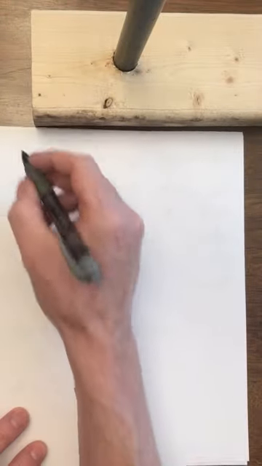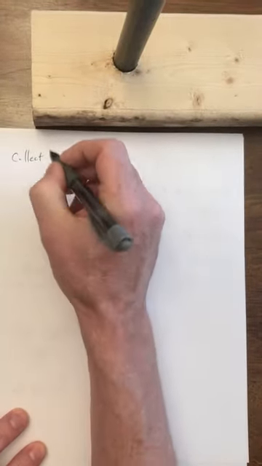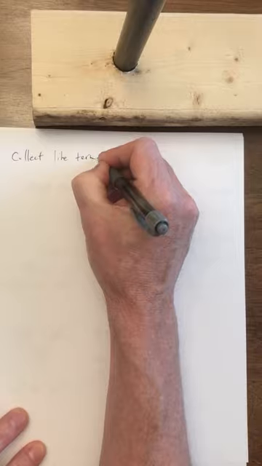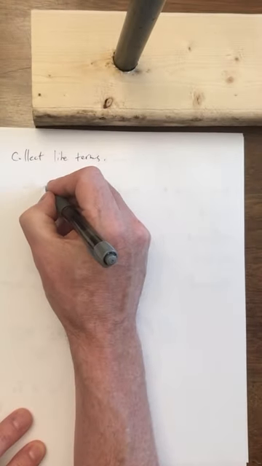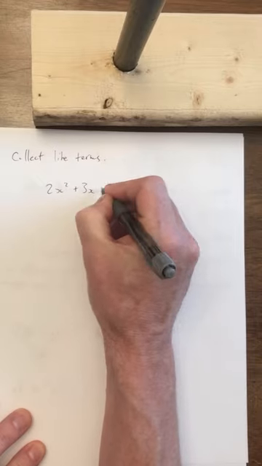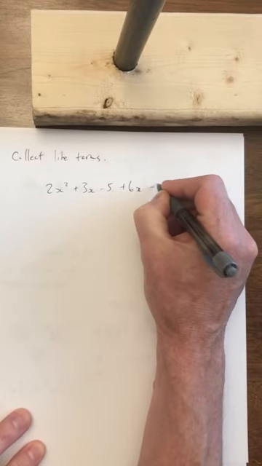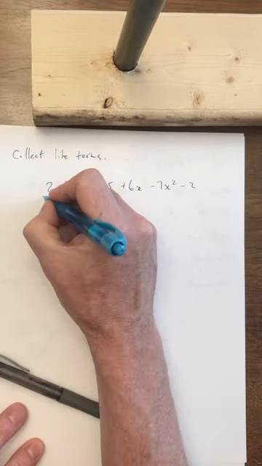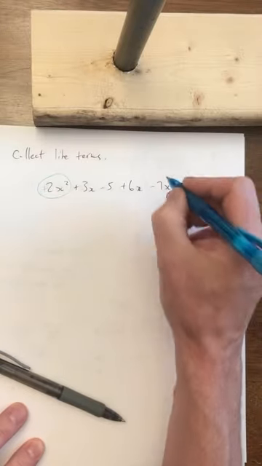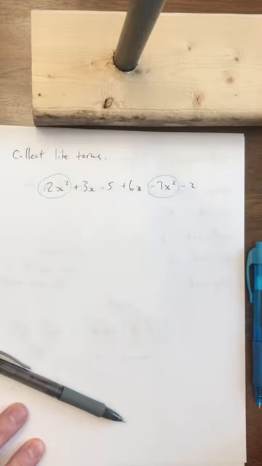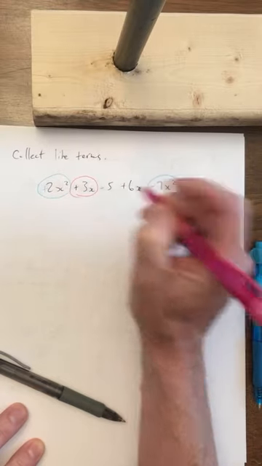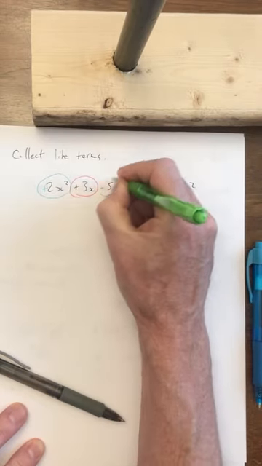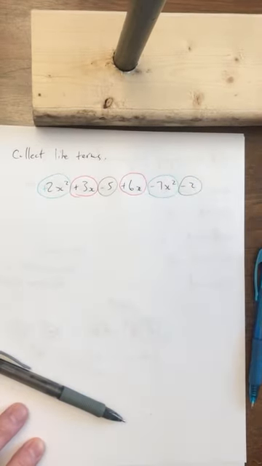All right, so something that you learned in grade 9, or you reviewed and hopefully perfected, collecting like terms. If we have a question like 2x squared plus 3x minus 5 plus 6x minus 7x squared minus 2, the first thing I want to do is find my like terms. We have a plus 2x squared here and a minus 7x squared, a positive 3x and a positive 6x, and a negative 5 and a negative 2.